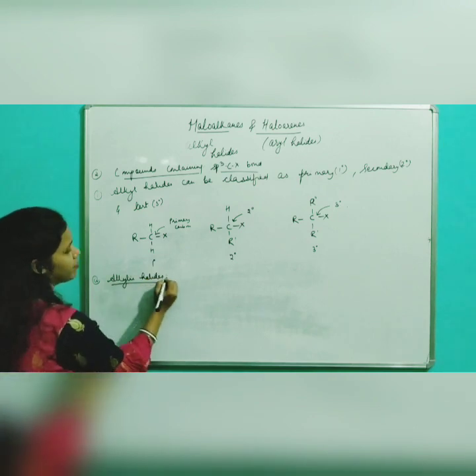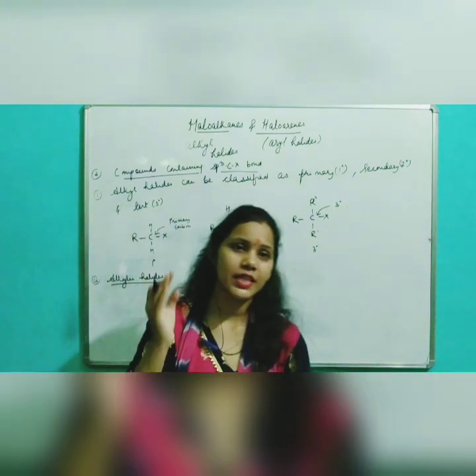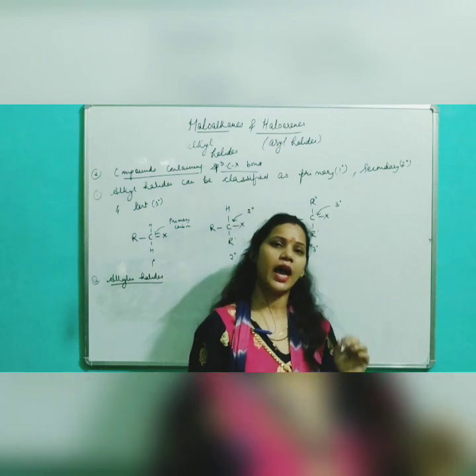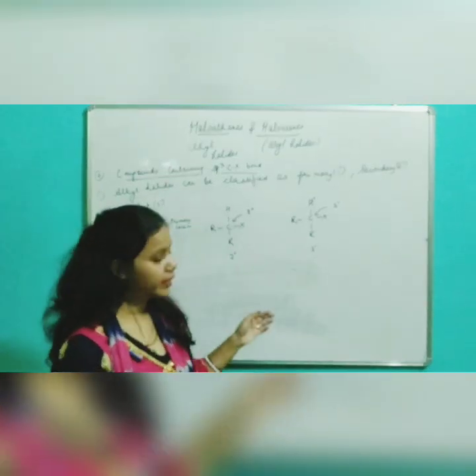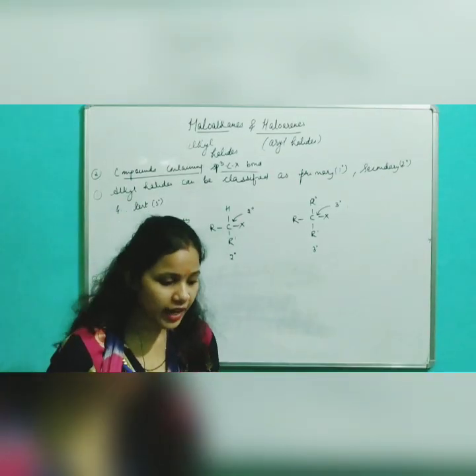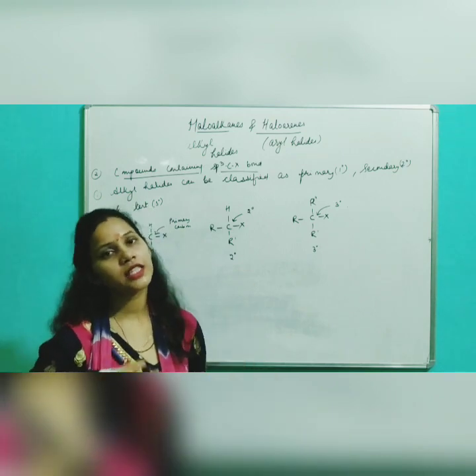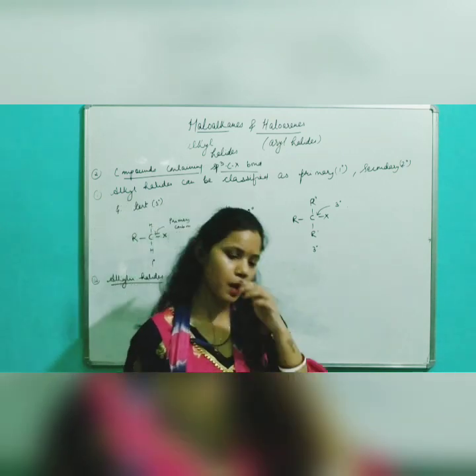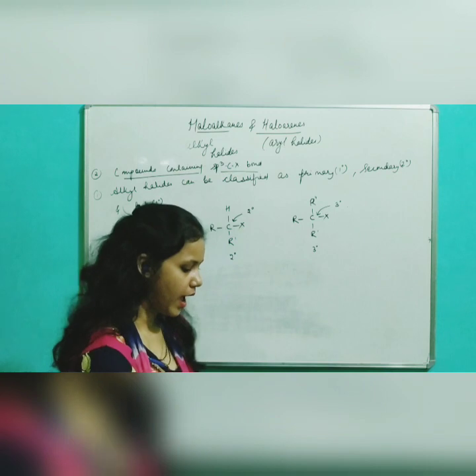What do we understand by allylic halides? These are the compounds in which the halogen atom is bonded to the sp3 hybridized carbon next to the carbon-carbon double bond. So these things you have to keep in mind.